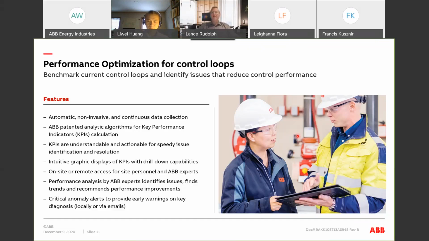So in addition to having access to ABB experts that can review these analysis and draw conclusions and help with the remediation activities, it's also possible to configure certain what we call monitoring rules that will look for very specific scenarios and enable subscription and push notifications to be triggered when those scenarios arise from the data and analytics.